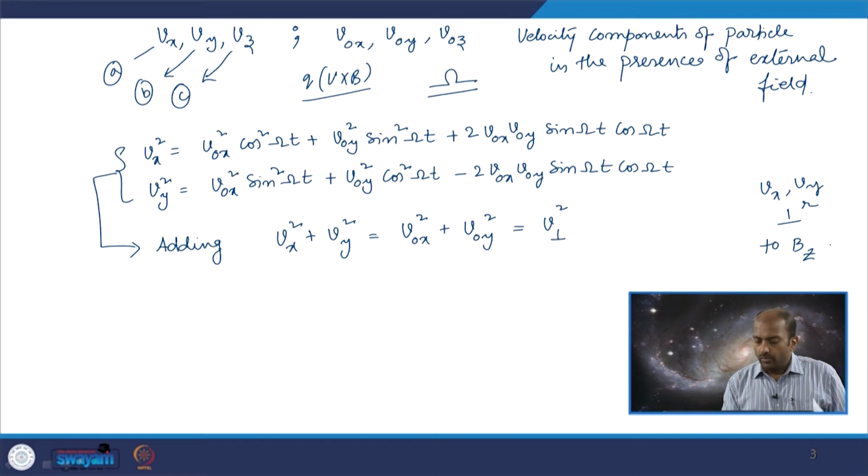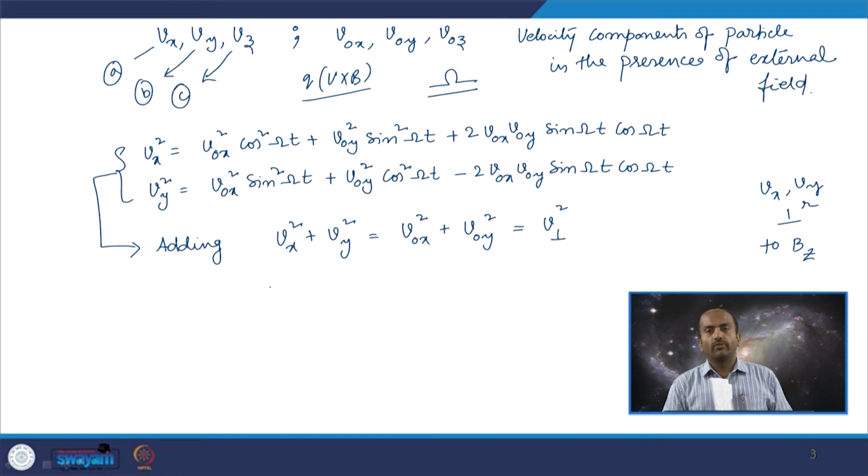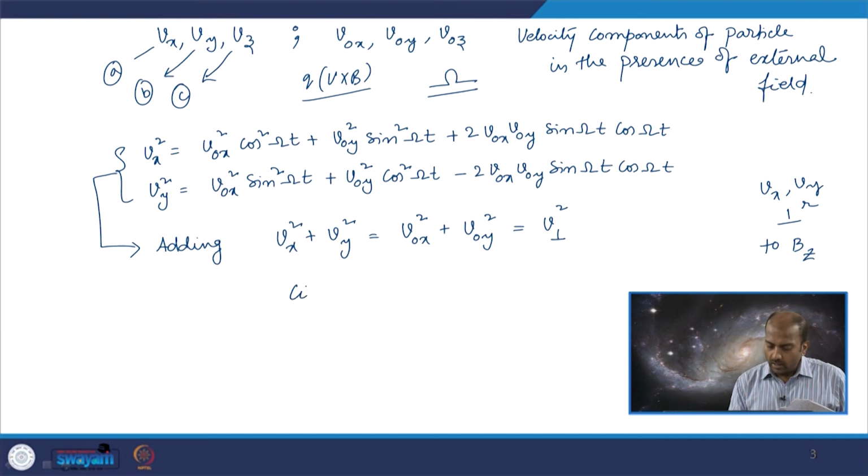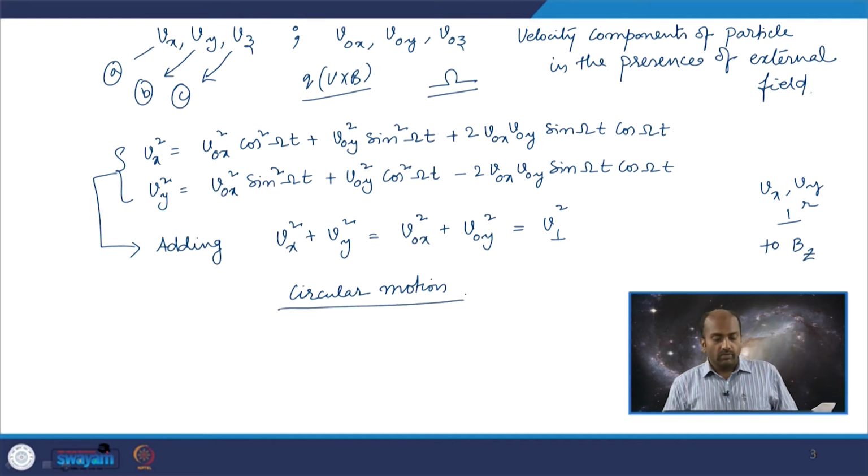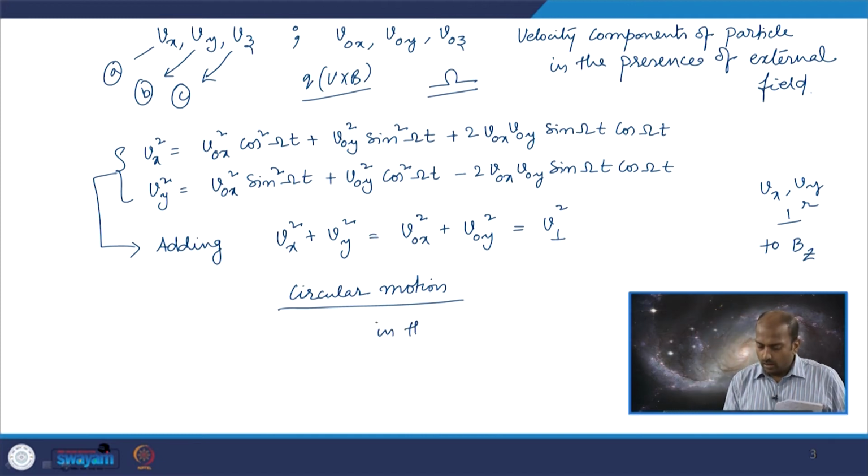Okay. Now, from here itself, what can you say about the trajectory of the velocity of the particle? It is circular. The particle is executing circular motion, because this expression looks like an equation of a circle, right? So, Vx and Vy are combining to give circular motion in the xy plane.